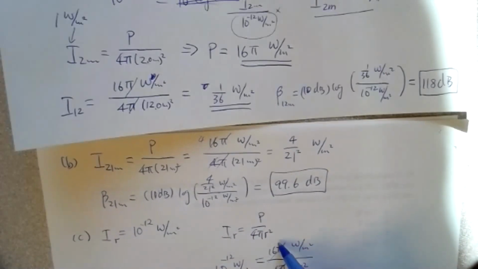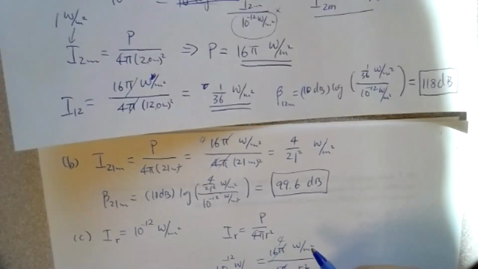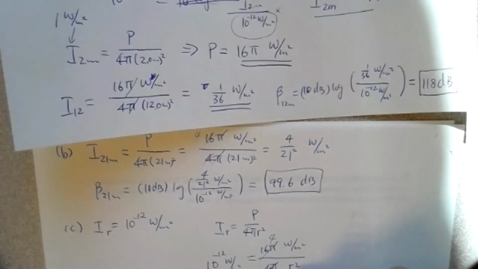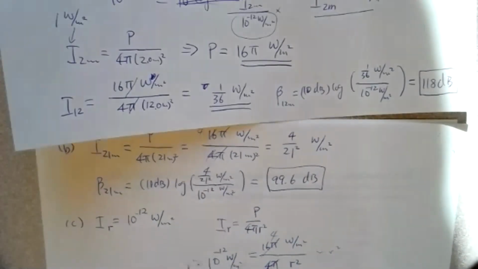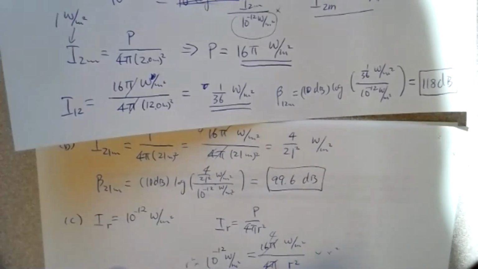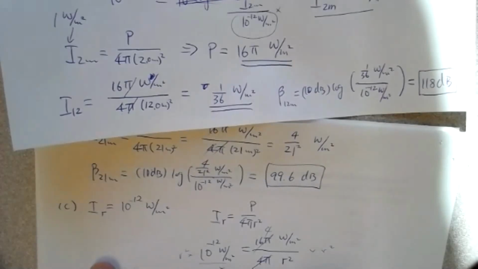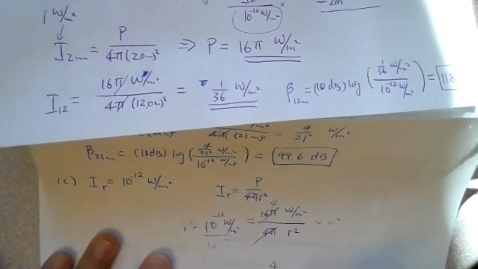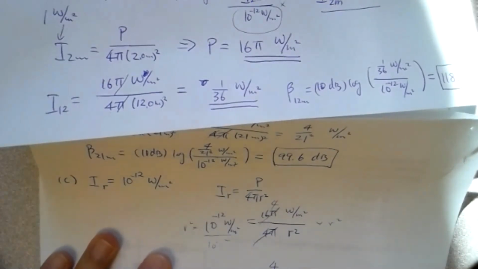So this and this will become 4 on the top, okay? So in this case, you multiply both sides by R squared, and divide both sides by 10 to the negative 12. So R squared will be equal to 4 divided by 10 to the negative 12, right?